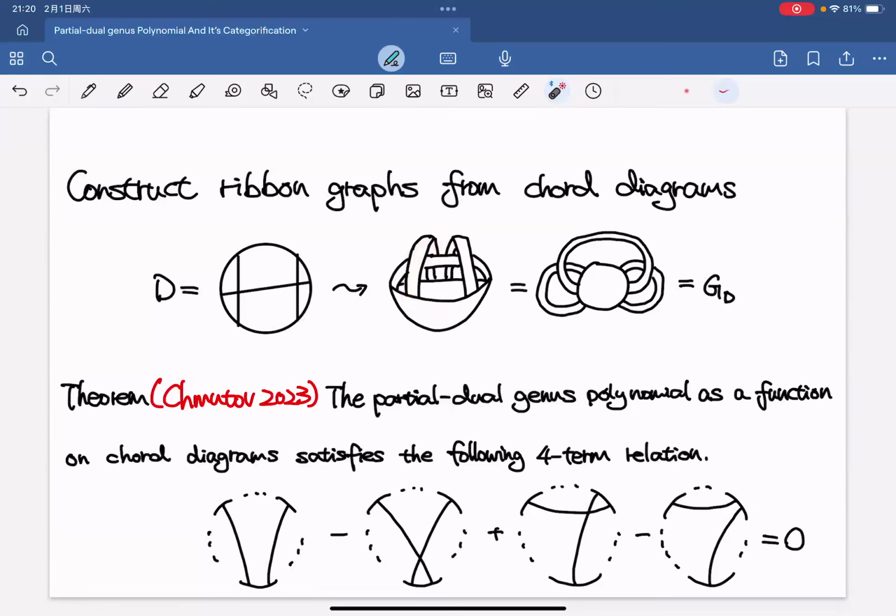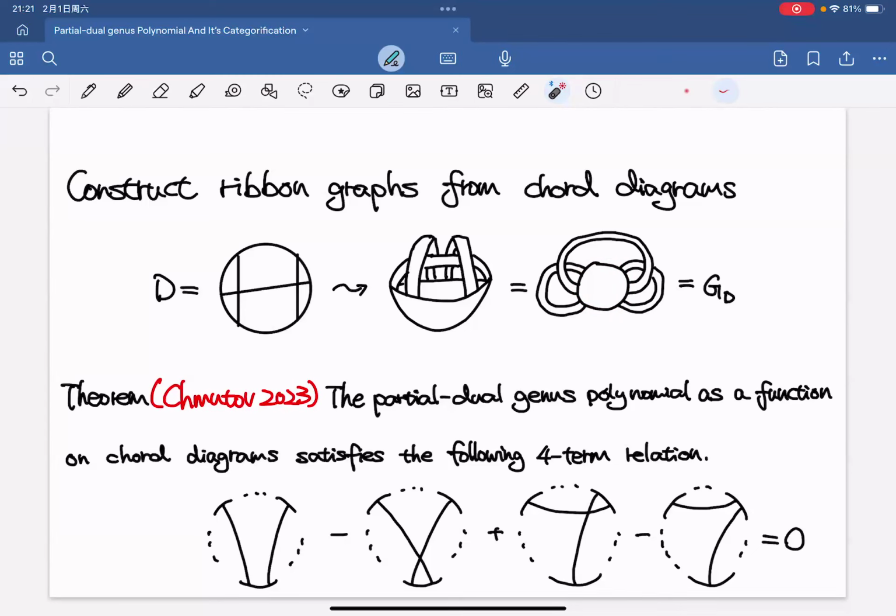As I mentioned before, here all the ribbon graphs are just abstract graphs, so the over-under crossing here is not important. So we can draw it in this way. For each chord diagram, we can define a ribbon graph. Of course, not every ribbon graph can be obtained in this way because here we just have one vertex.